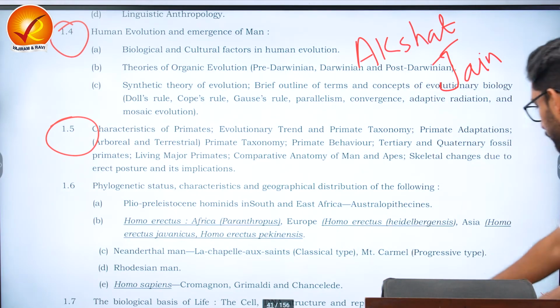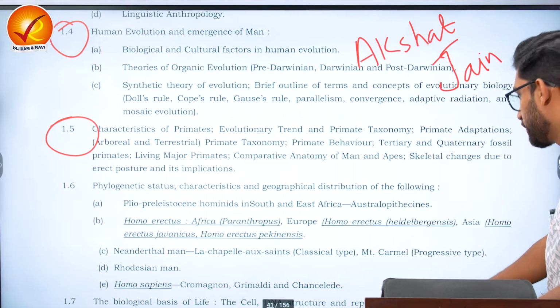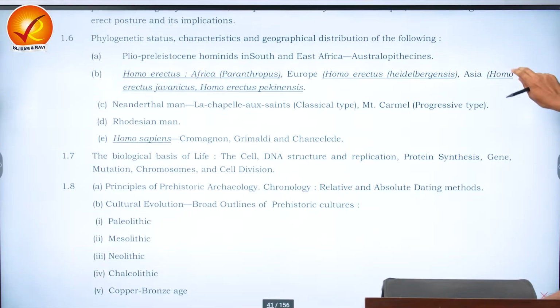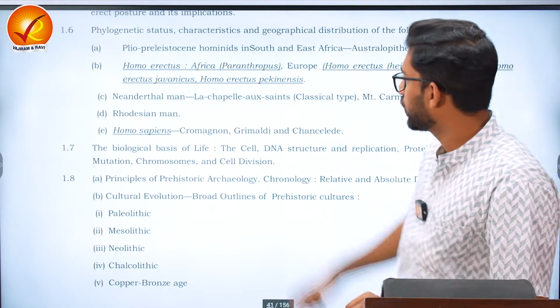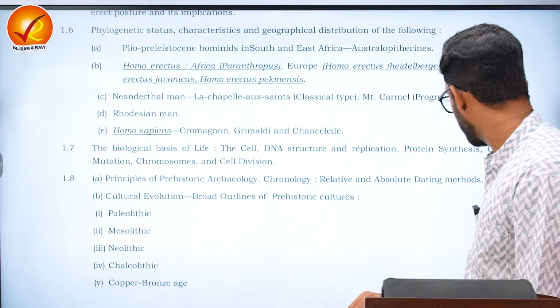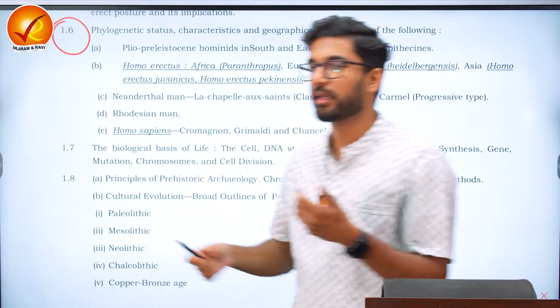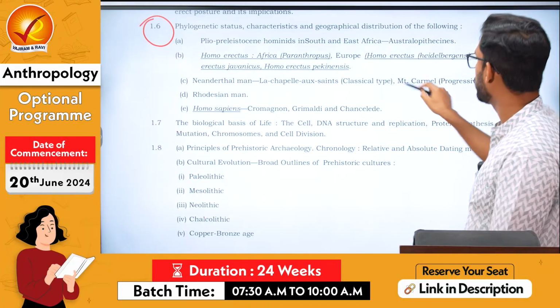Then we go to 1.6. So 1.6 is basically fossil primates, or something called paleoanthropology.